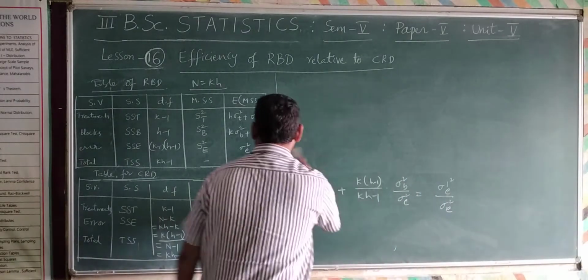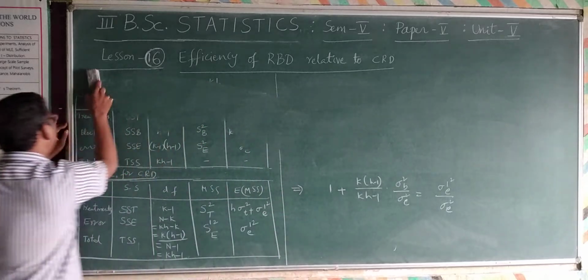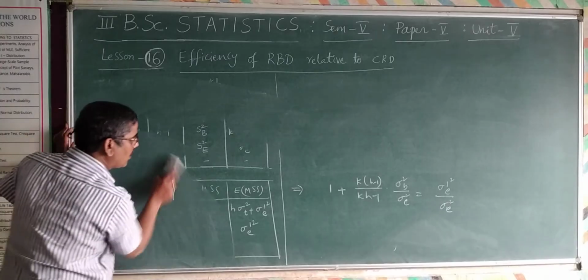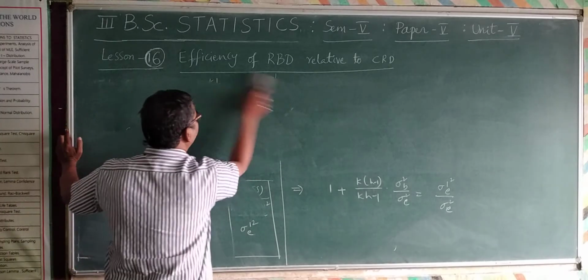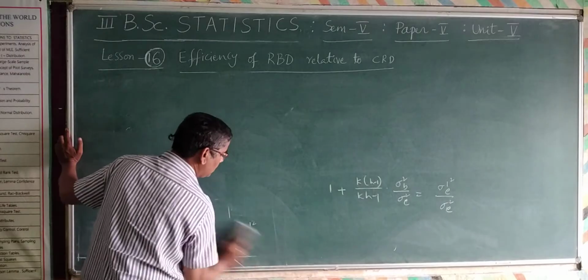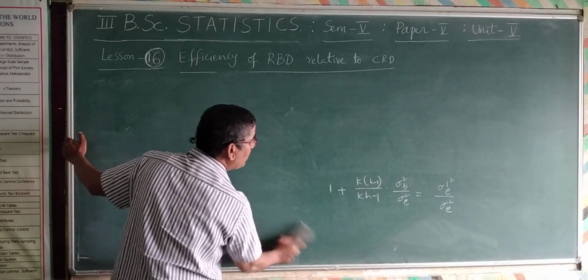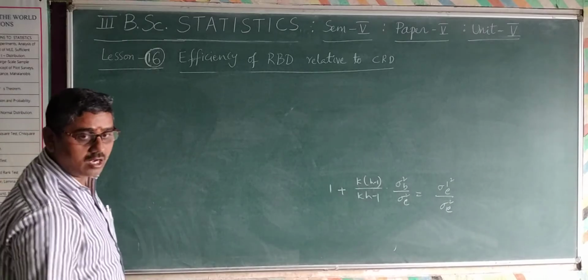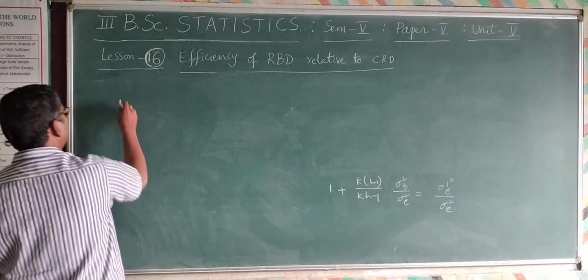Now I write the result. With this we have two particular parameters, sigma square e and sigma square b. There are two other factors which remain, which are to be estimated. I write here.